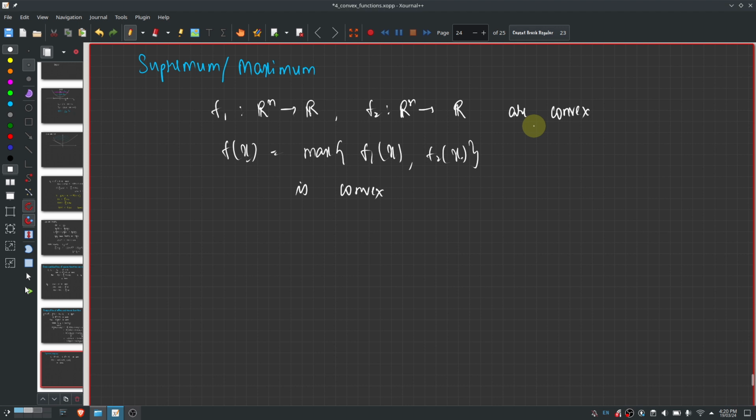Yes. So let's see what these functions would look like. Suppose I have two convex functions. Let's suppose that this is one convex function, this is my x, this is my f1, and let's say this is my f2.